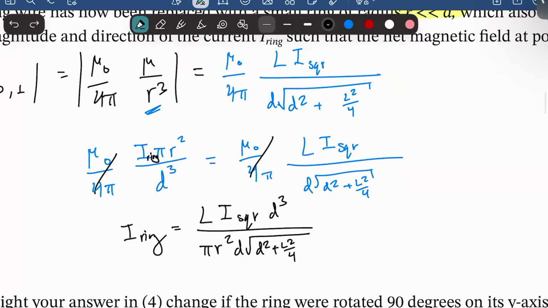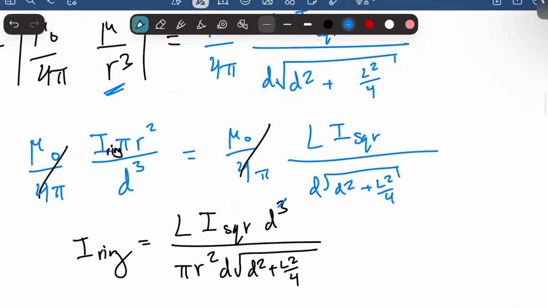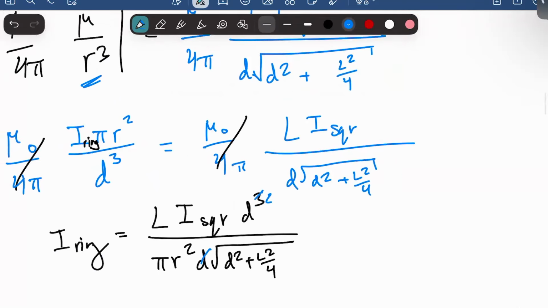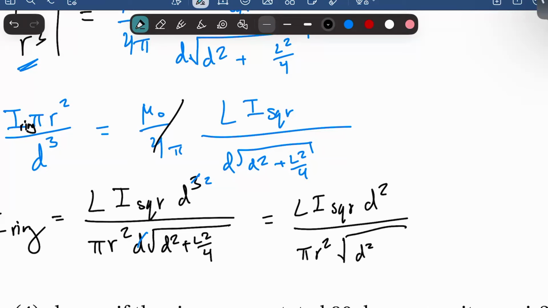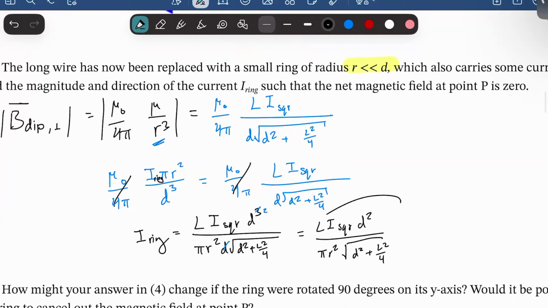Let me check my answer on my end, and oh yeah, this d cancels out with the d cubed, so our simplified answer is just going to be L I squared times d squared over pi r squared radical d squared plus L squared over 4. So this is our magnitude of the current.